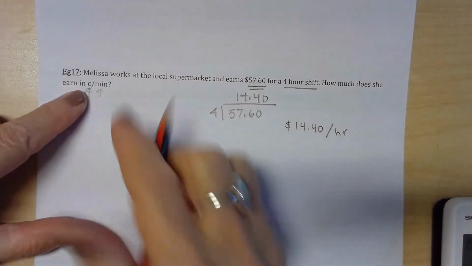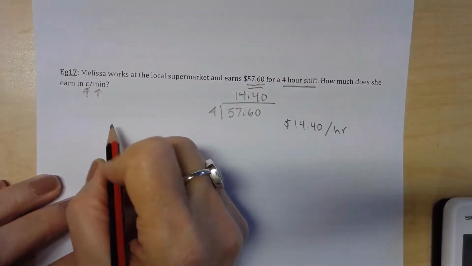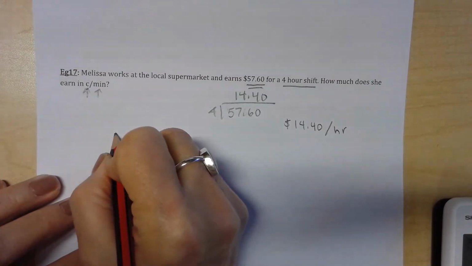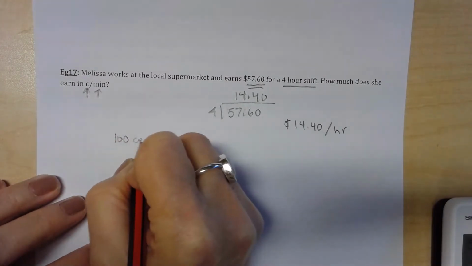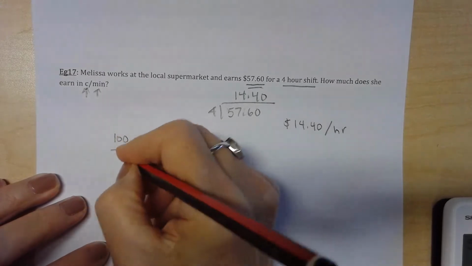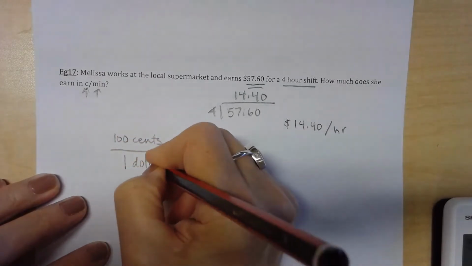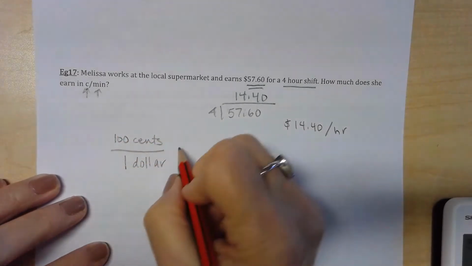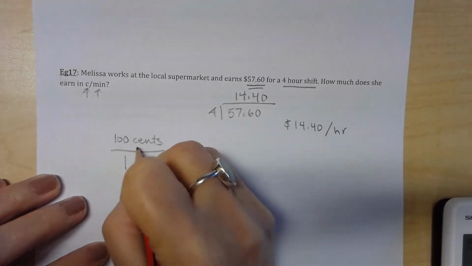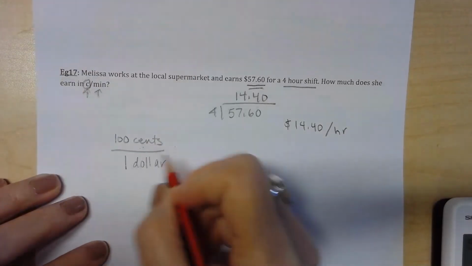It's kind of tricky, okay? I'm going to go, there are 100 cents in $1. And be with me here. I want cents on the top because it's on the top there.